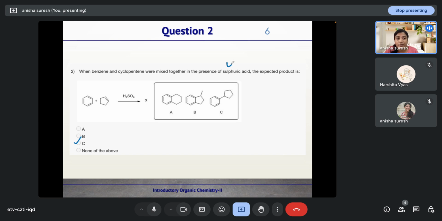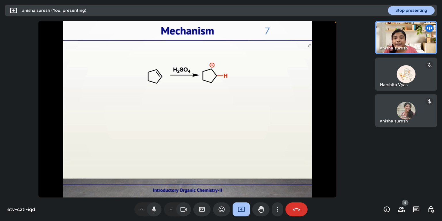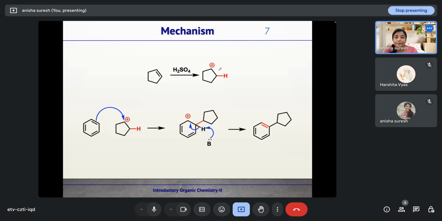So this is based on electrophilic aromatic substitution reaction. In the presence of acid H2SO4, the cyclopentene will get protonated and a carbocation will be generated. So this is the electrophile. The aromatic system, that is the benzene, will go and attack the carbocation and it will generate this intermediate.